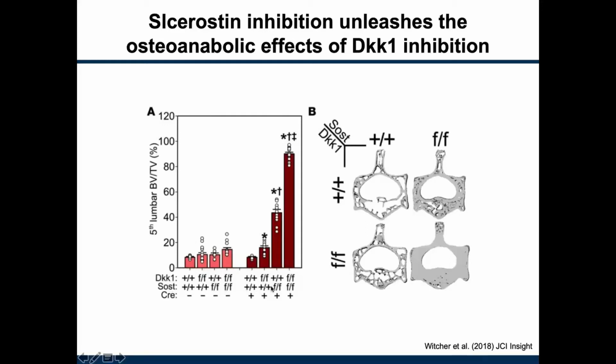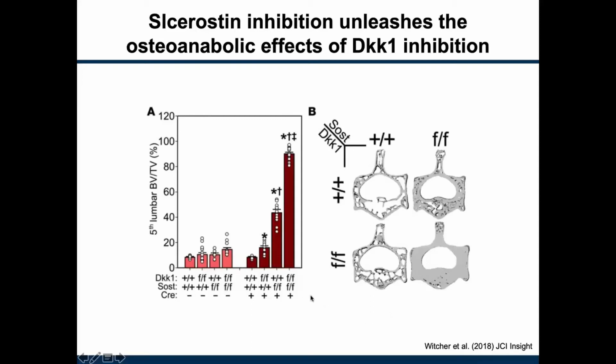And what you can see here is that, for example, you have the DCOP knockout alone. So you see, okay, there's an increase in bone volume, but not that much. With sclerostin, it's already a little bit more. But here, if you have a double knockout of sclerostin and DCOP, then you really get very, very strong anabolic actions.